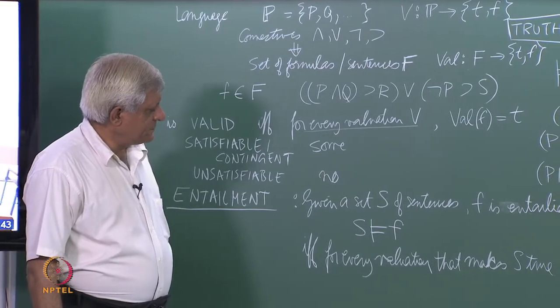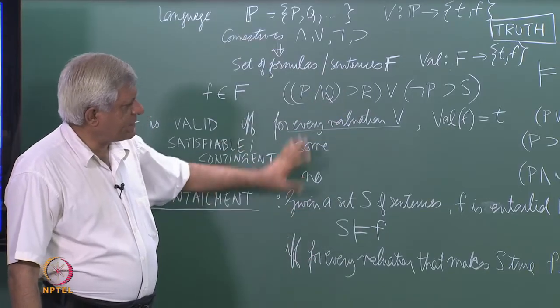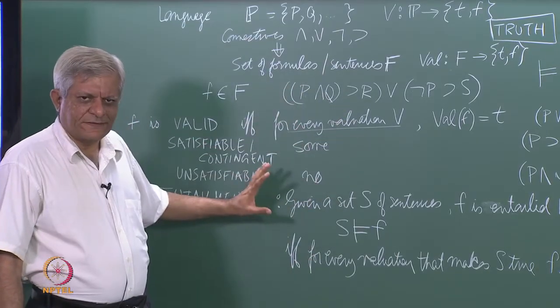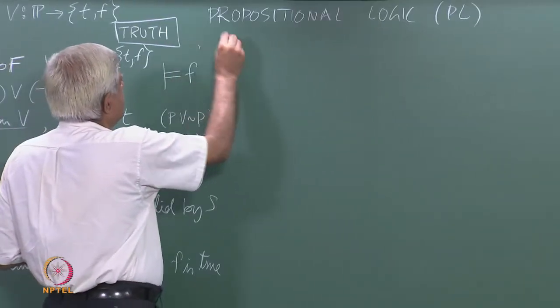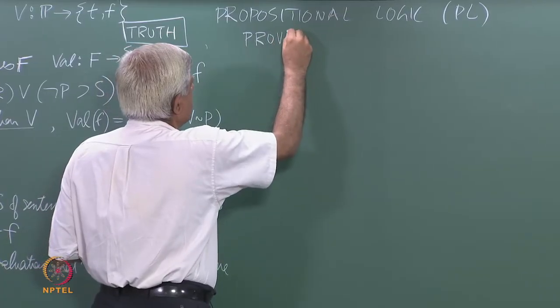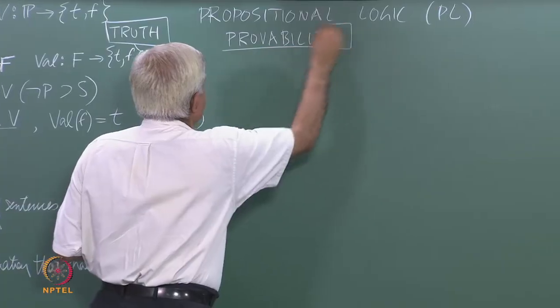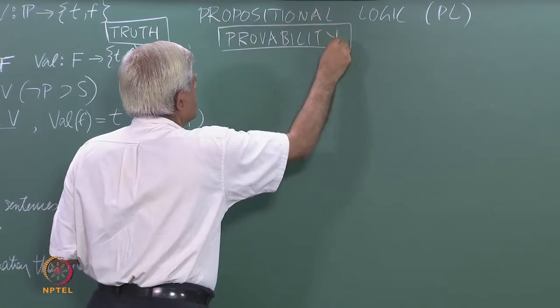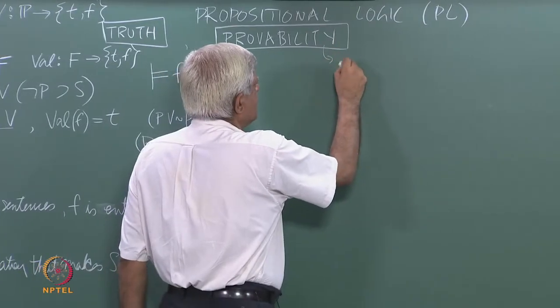So, these concepts are kind of semantic concepts. On the other hand, we have the notion of provability. If you recall, we did a small proof in the last class. The notion of provability is tied up with a set of rules of inference.